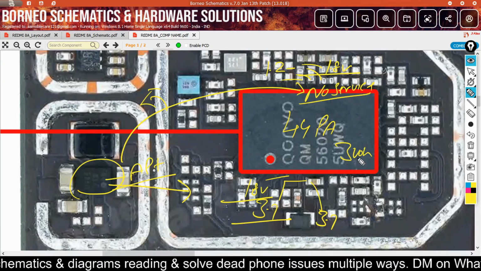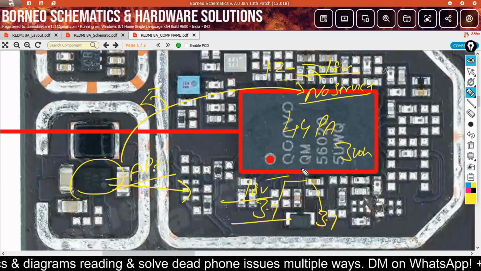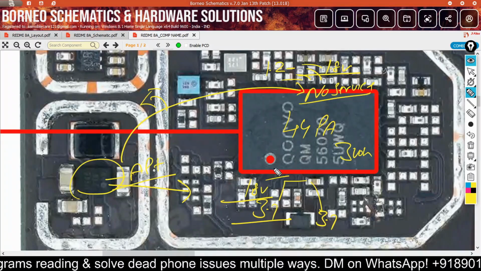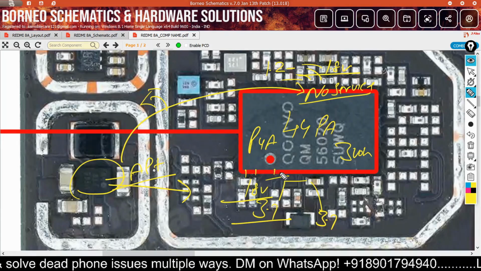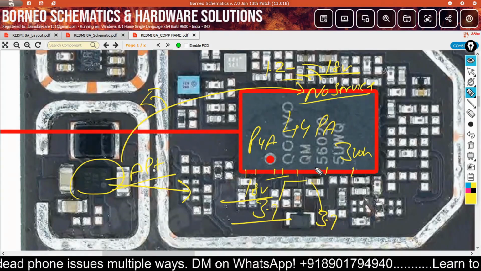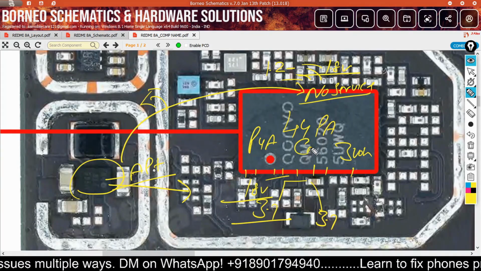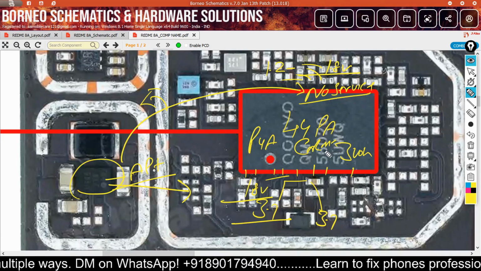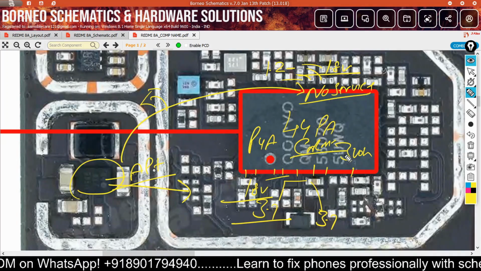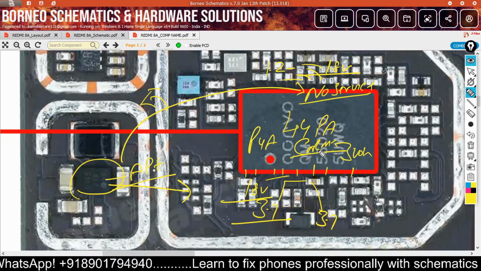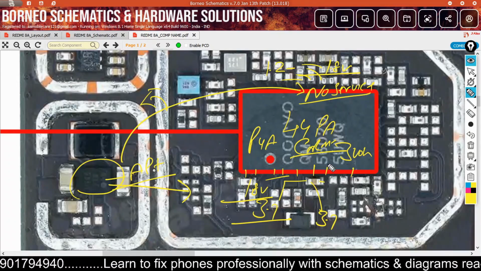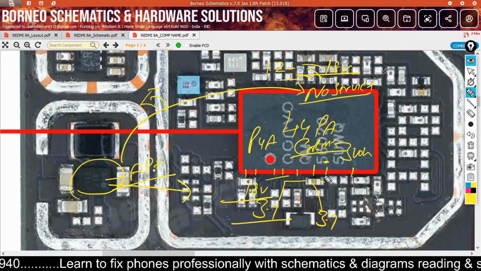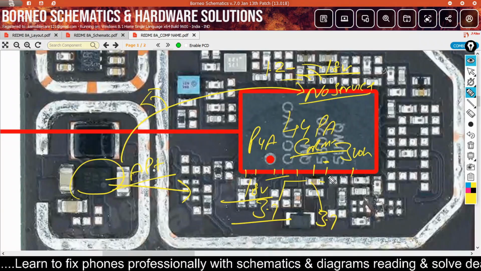But due to waterlogging, sometimes this water goes internally, because this is a PGIC. So you will see these pads like corrosion, I don't know the proper word, maybe. So this line from here is not connected. This gap to this IC is open due to waterlogging.